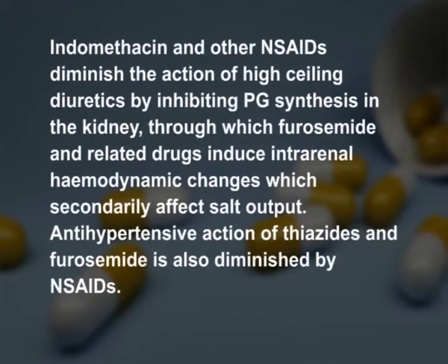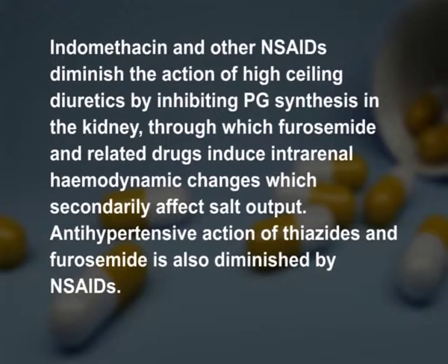Fifth one, indomethacin and other NSAIDs diminish the action of high ceiling diuretics by inhibiting PG synthesis in the kidney, through which furosemide and related drugs induce intrarenal hemodynamic changes which secondarily affect salt output.